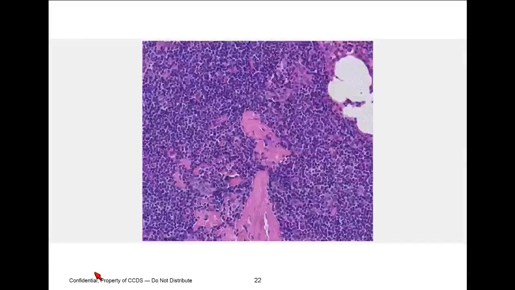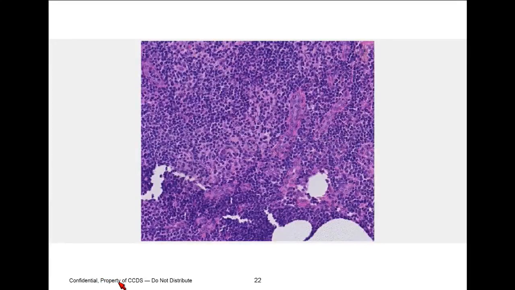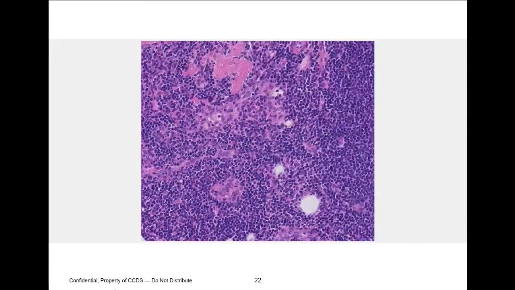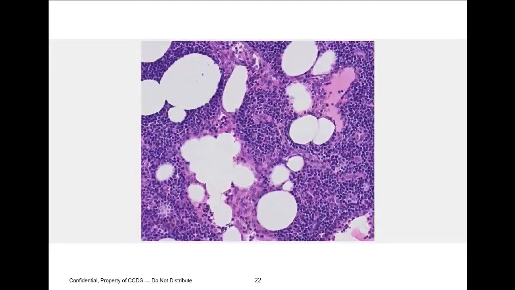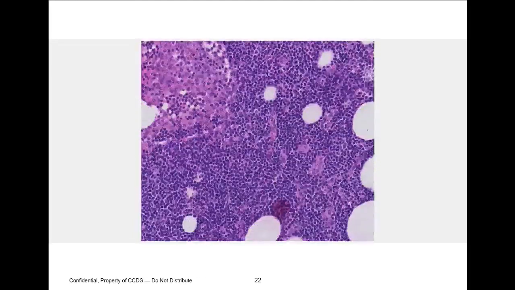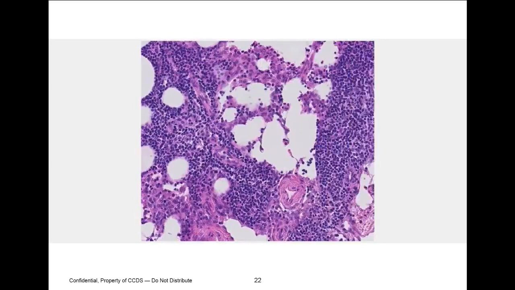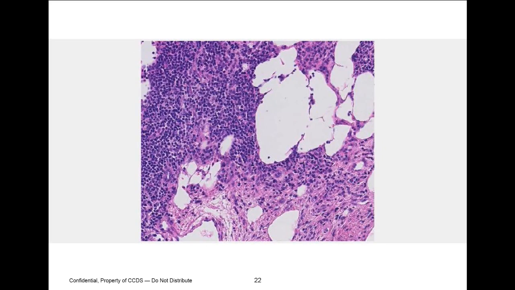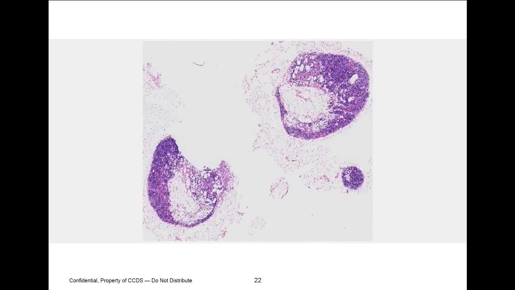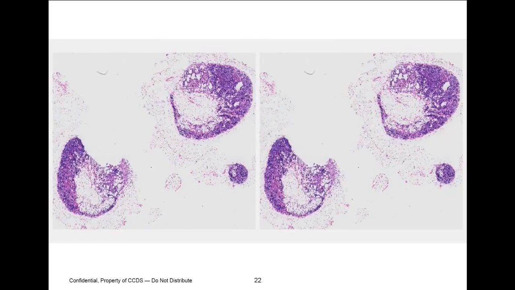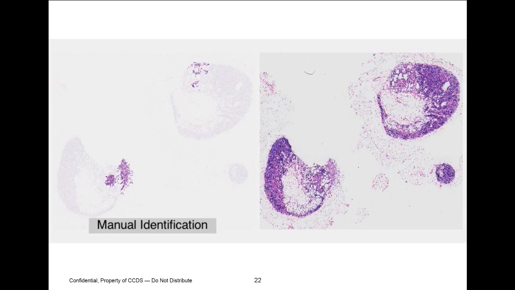To give you an example of how this might work in pathology, these are lymph nodes from a breast excision, and this is the data from the Camelyon challenge. You see the way the machine learning algorithm works is a sort of patchwise evaluation of the image. After screening through the image, the anatomical pathology image that's been digitally scanned in, you can identify places where it thinks there's cancer.